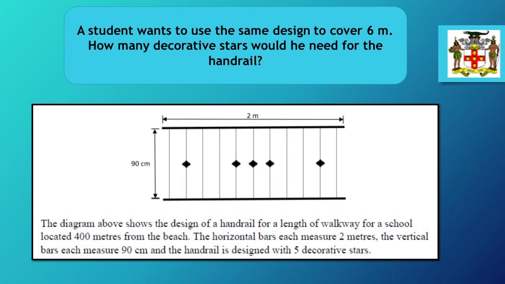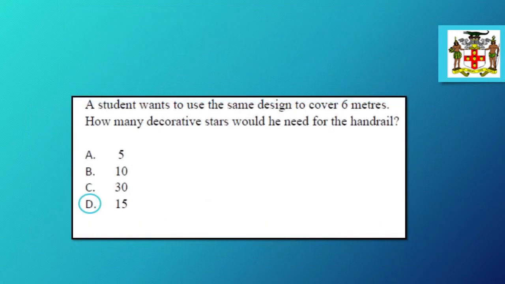You would need 3 times that length, right? And if at 2 meters we use 5 decorative stars, for 3 times that length, how many decorative stars would we need? Let's check our answer. Exactly, you should get 15 stars. Simply 5 multiplied by 3.